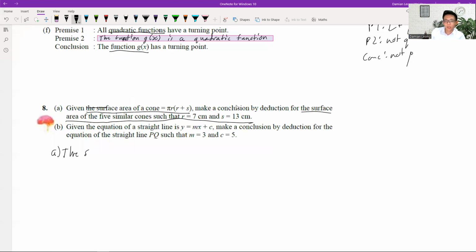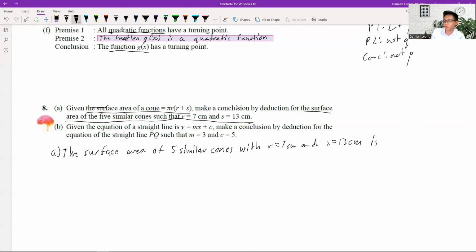So the surface area of 5 similar cones with r equals 7 cm and s equals 13 cm is, use the formula. This is the surface area of a cone.